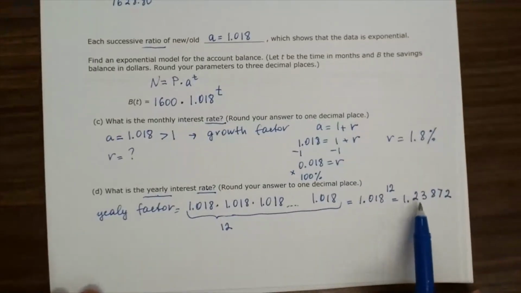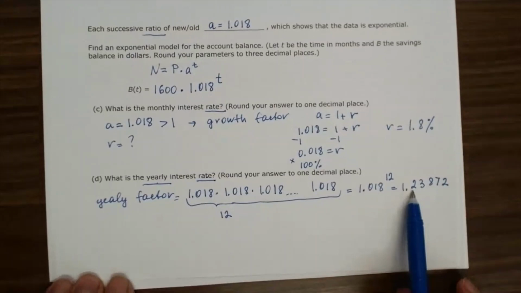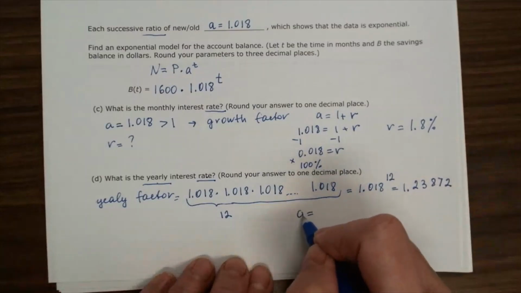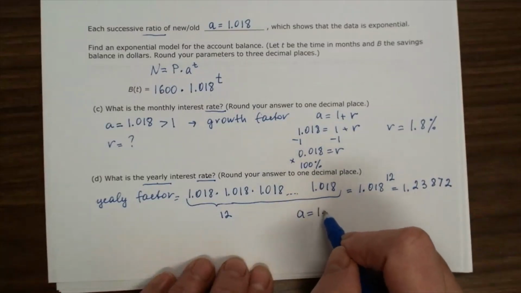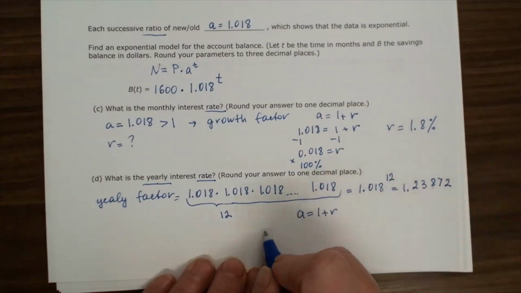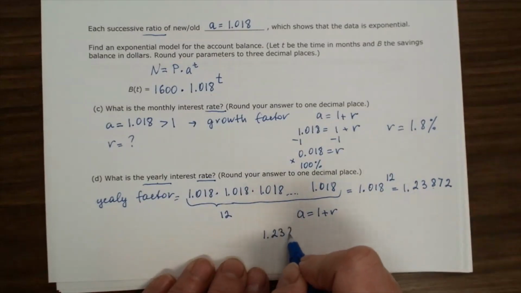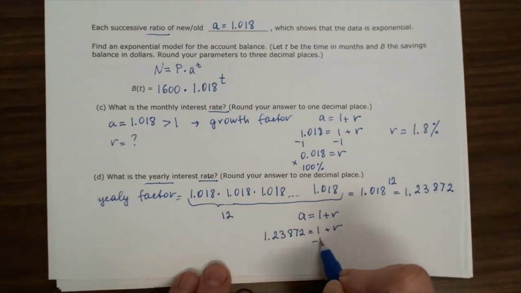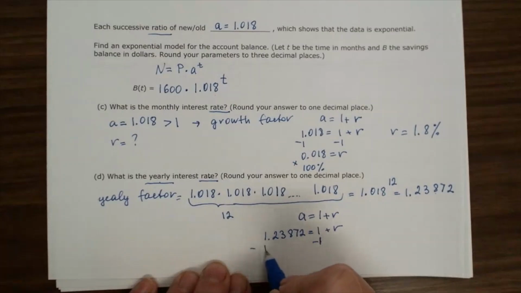I still see that my factor is greater than 1, so this is a growth factor, and I use the formula a equals 1 plus R. I will substitute this number for a and subtract 1 from both sides.